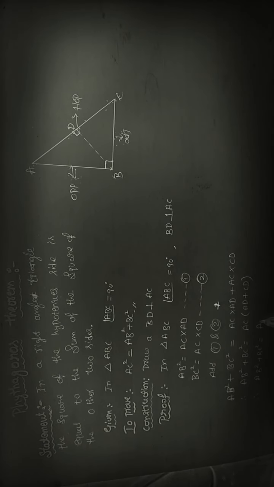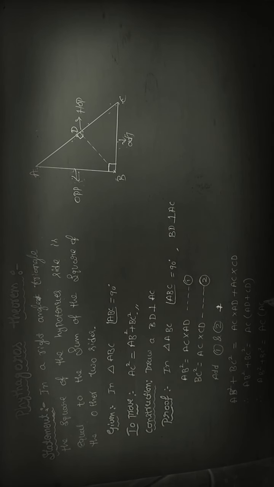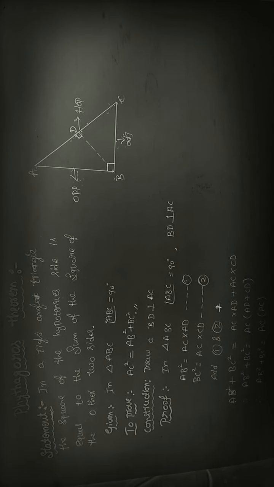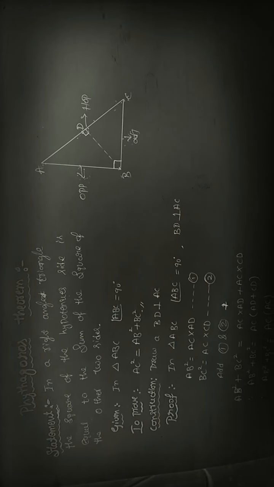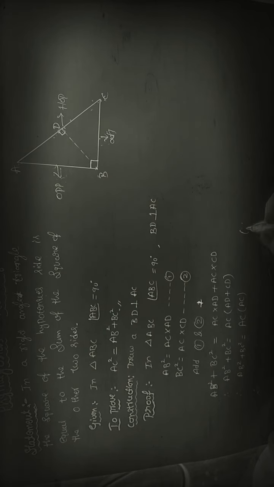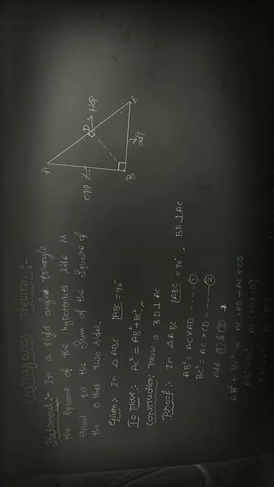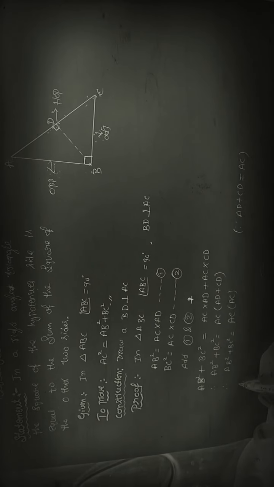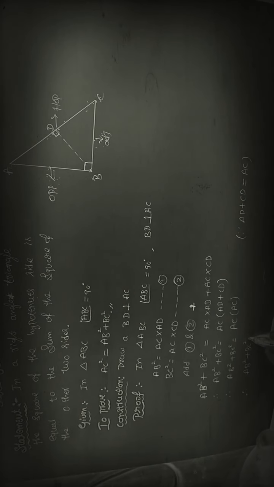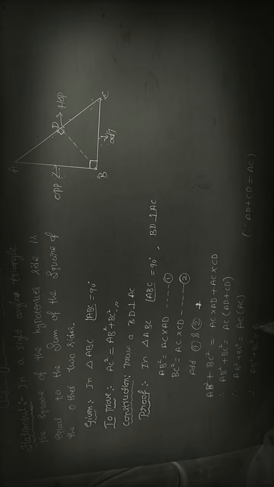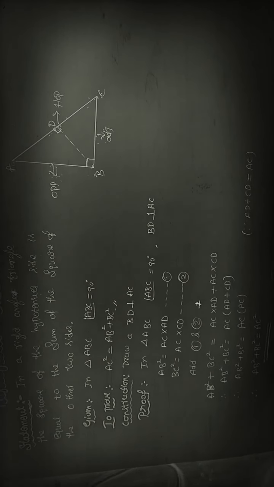So AD plus CD is equal to AC. So AB square plus BC square is equal to AC into AC, which is AC square. So therefore, this is the proof.